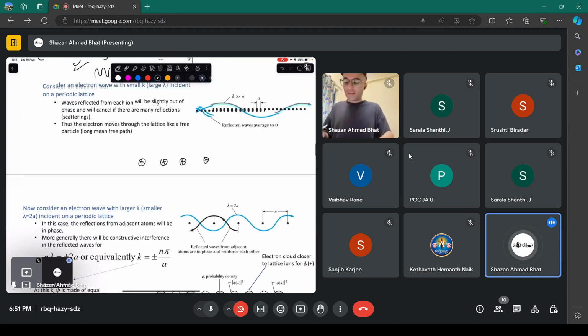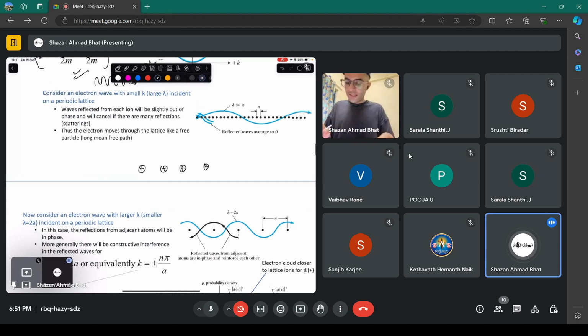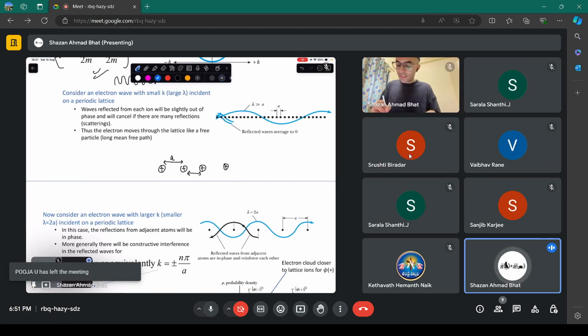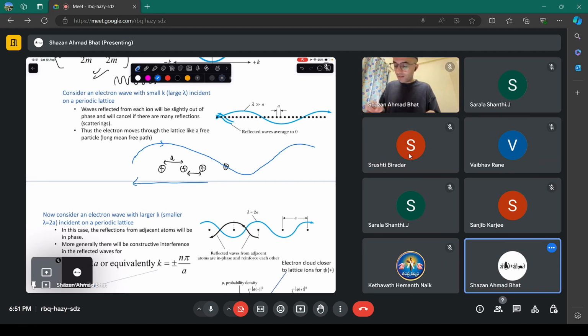If the distance between the two atoms is a, and you have an electron coming from this side with a very huge wavelength, lambda of the electron, much, much greater than a.